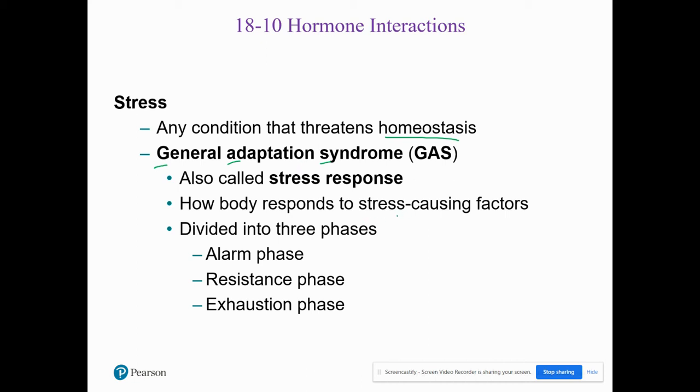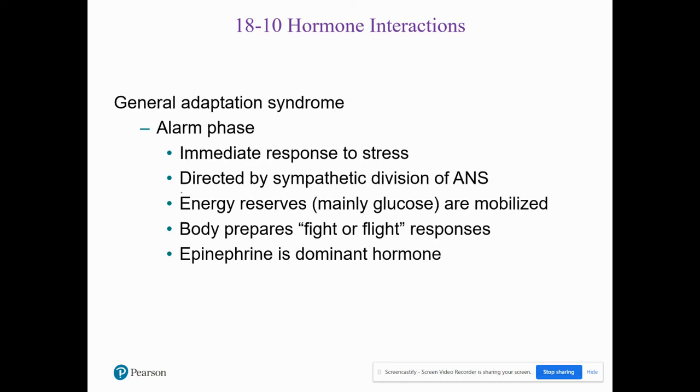So, how do we react to stress-causing factors? We divide it into 3 phases: alarm, resistance, and enthusiasm. Not enthusiasm. So tired. Exhaustion. All right. So the alarm phase is the first one. It's an immediate response. It is directed by the autonomic nervous system.